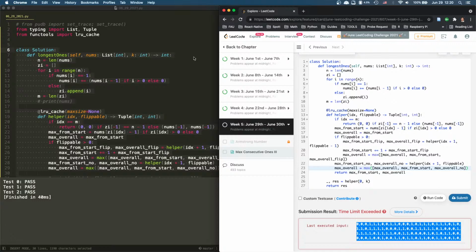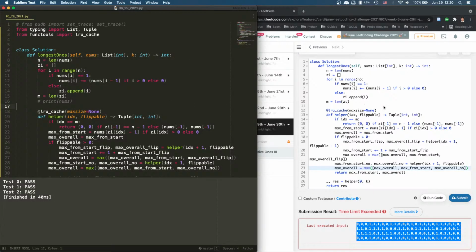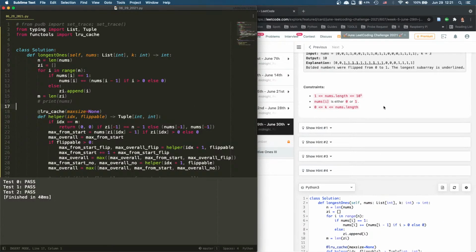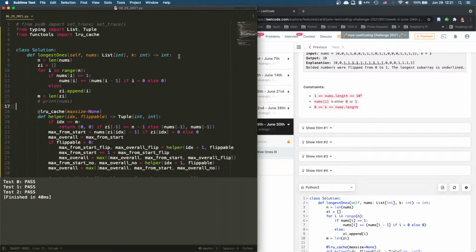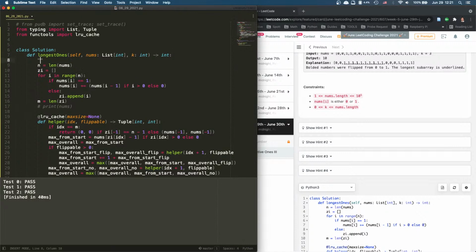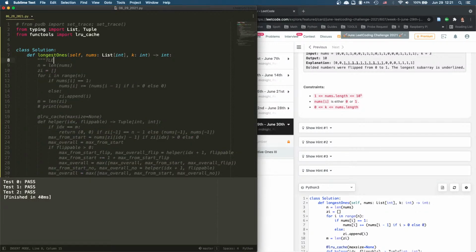So this is correct, but we have a time limit problem. Ah, yes, I see. Because k is this, this is O(kn), which is basically O(n squared). But this is correct, so this is correct but TLE.